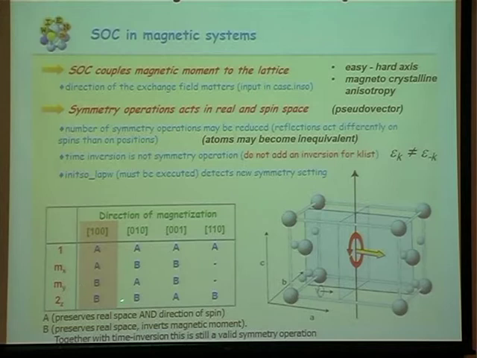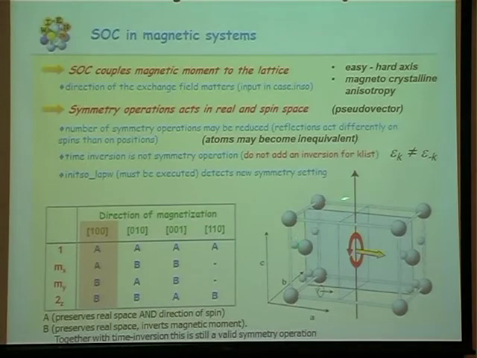Also, for the latter 2, we have to do a special manipulation in the lattice. If we now would put the magnetization along the 1, 1, 0 direction, so in the diagonal here, then identity is no problem. Also, the twofold rotation is no problem because with rotation and inverting, we would again keep this, but the other 2 symmetry operations would be gone.